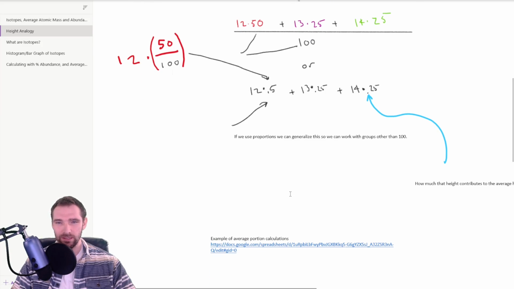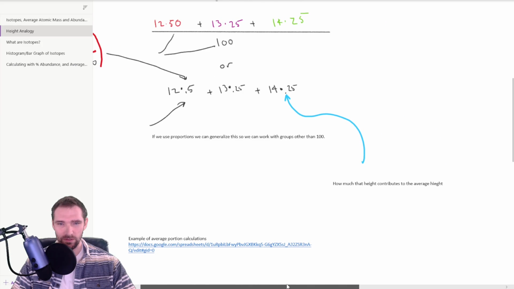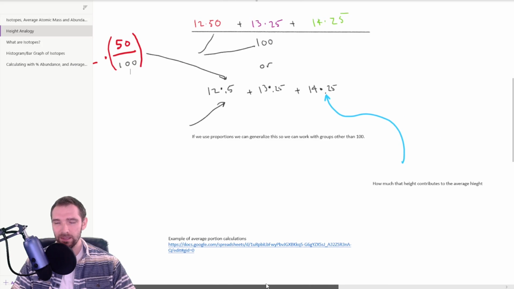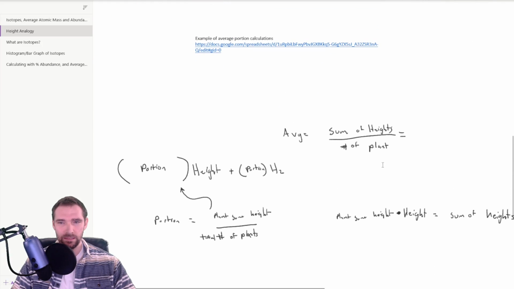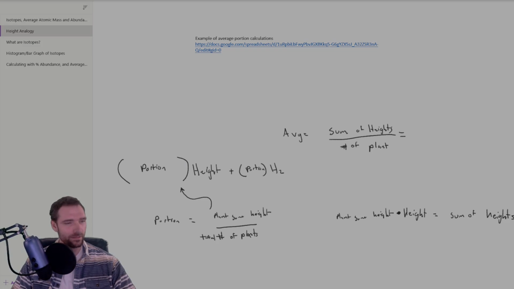It's rearranged, but we can generalize the average formula into something where, normally, it's the sum of heights, which you add them all up, divided by the number of plants, but you can also look at it as the portion times the height of that portion and adding those all up. That's the big picture on the concept behind the average part.